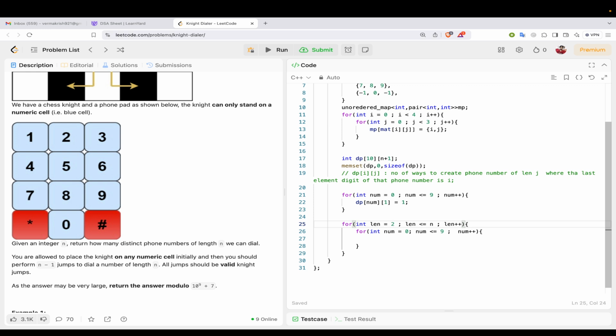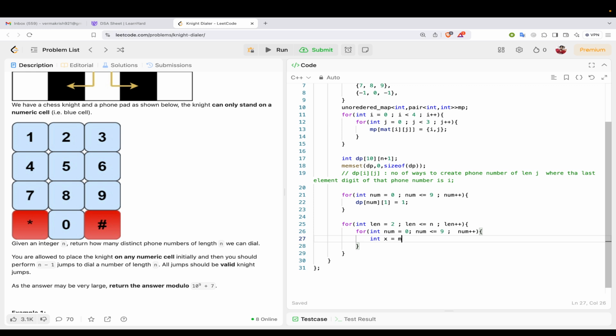So for that we need answers from where we can come to that particular dial pad using knight moves, and what is the number of ways for the number from where we are coming, with length minus 1. Okay, so we have discussed this on the board. So for that, first we have to know the current position. x is the current coordinate.